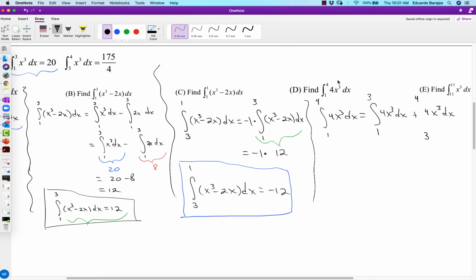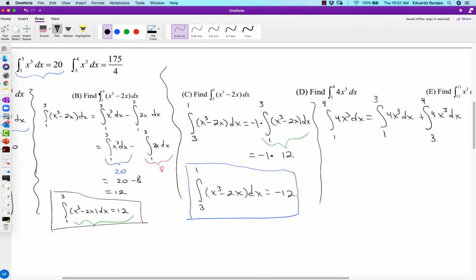Let's rewrite that. The integral there. And the reason I did that is because now this is an integral we know. There it is. And this is an integral we know as well. So just based on the integrals that were given, that means that this guy is going to be really close to that one.